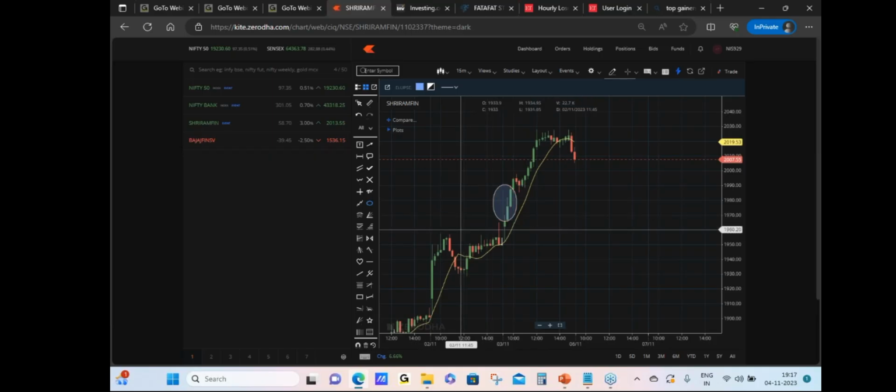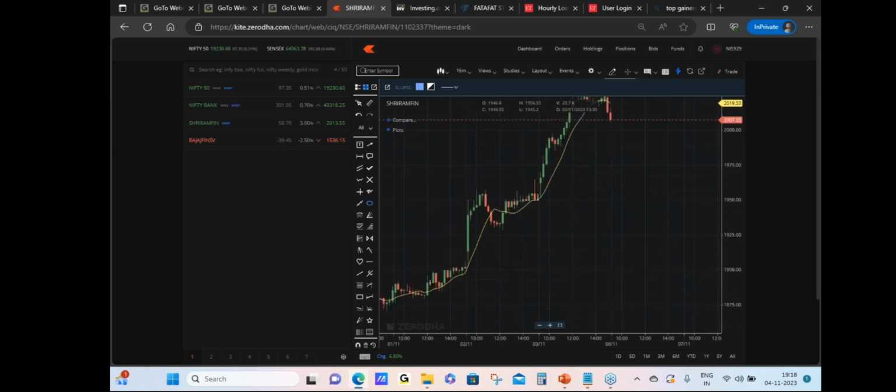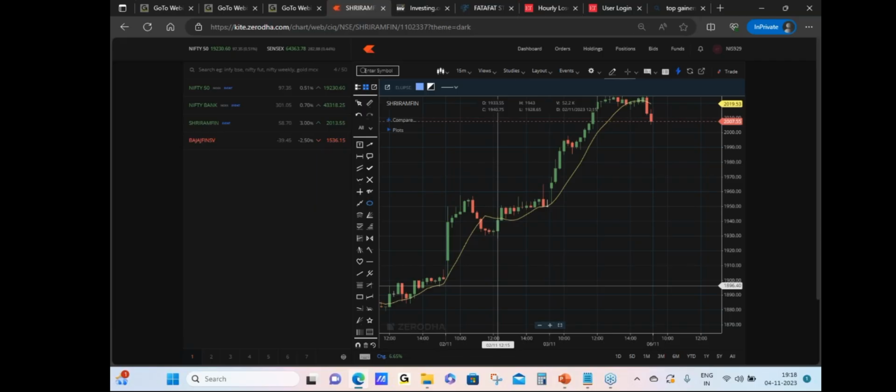Okay. Now let us see a beautiful method of where the actual trend started. We need to identify the first candle which is closing above 10 SMA. See here, don't you think the candles are below 10 SMA?